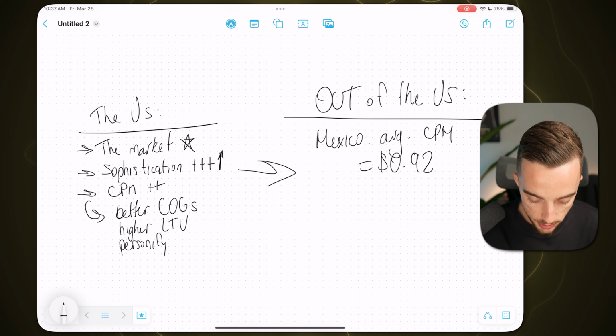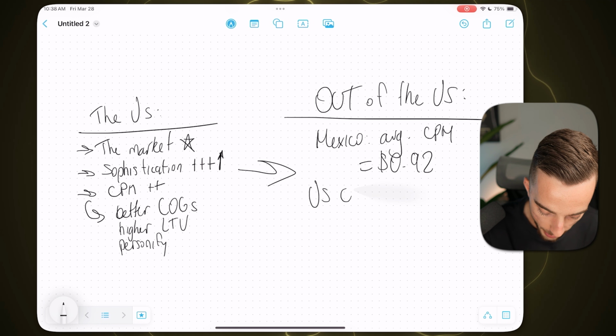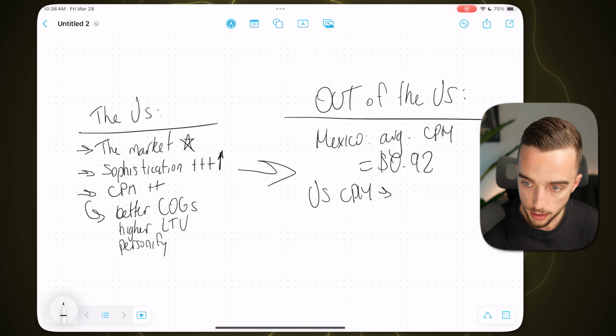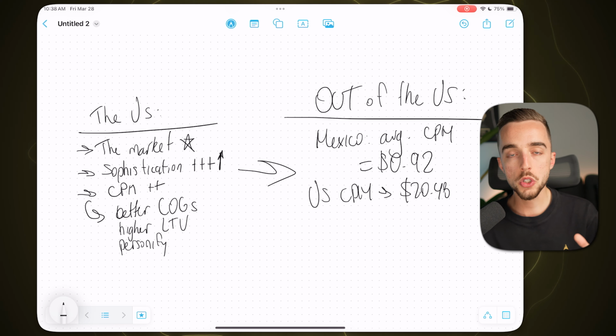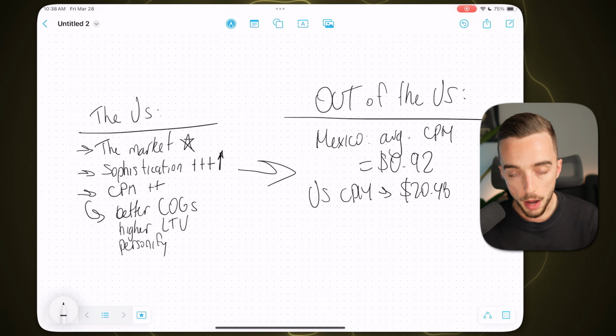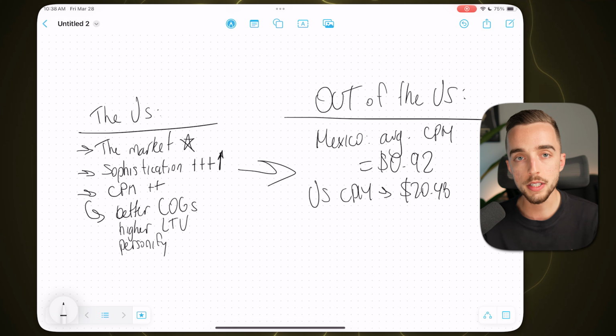In the US, that same CPM average across every industry is $20.48. It costs you, let's just round these numbers up, about 20 times more to advertise in the US and reach the same amount of eyeballs as it costs you to advertise in Mexico.